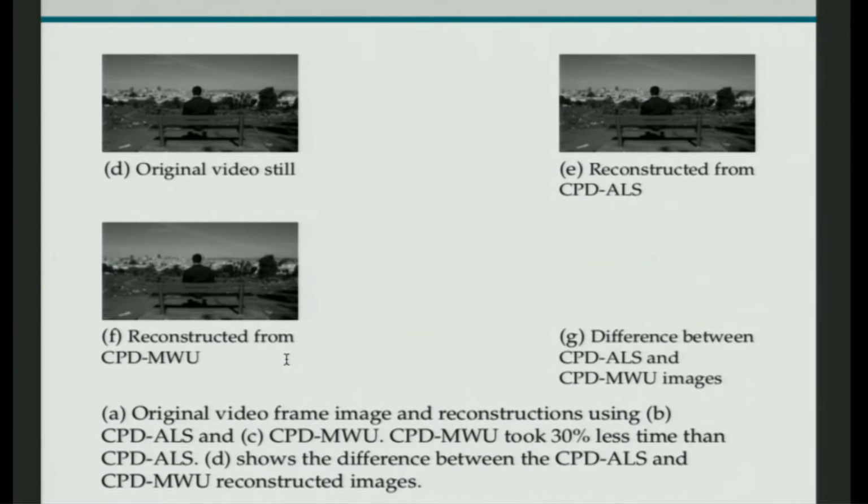That will fall in your top factors. So here's the original still. Here's the reconstruction from ALS. Here's the reconstruction from multiplicative weight updates. And on the same scale, here is the difference between those two images. You see that there's no perceptual difference, but again, the multiplicative weights update algorithm took 30% less time than the full algorithm.